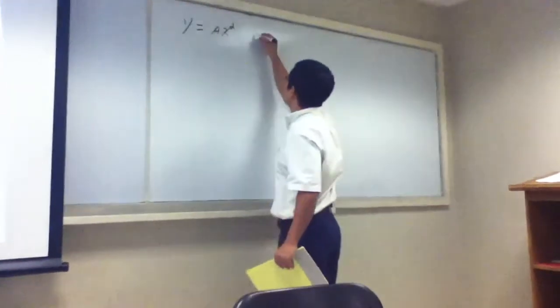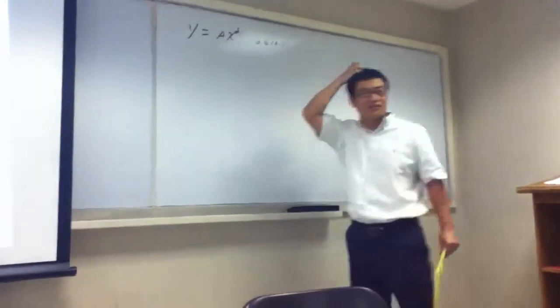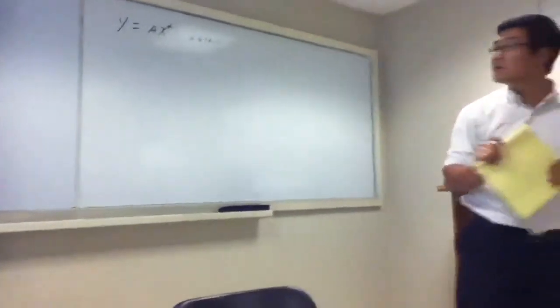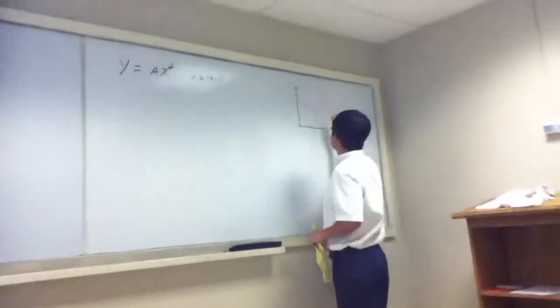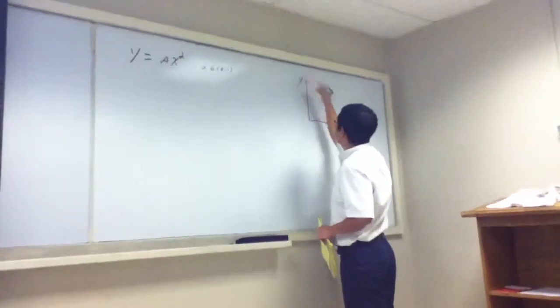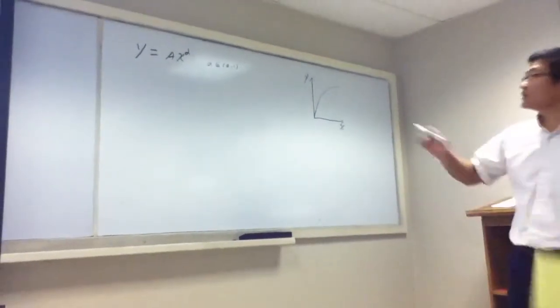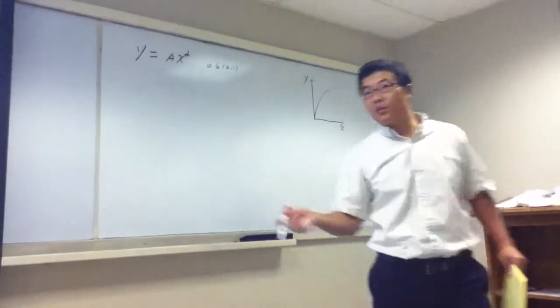Let's first assume alpha is a number between 0 and 1. So this is a one variable factor Cobb-Douglas function. The graph of that function is this, x, y. It's a concave production function because this parameter alpha is a number between 0 and 1.